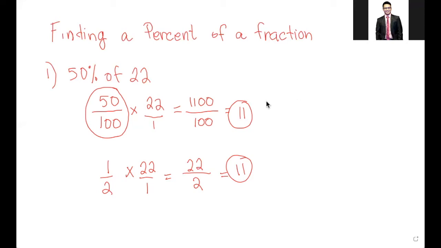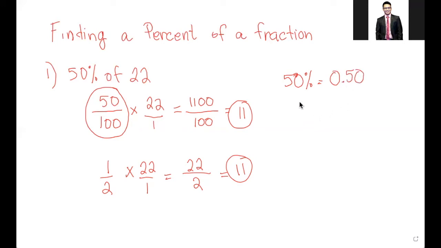Okay? Now, the other method is by multiplying the number by the decimal form of the percent. So in this case, 50% can be written as 50 hundredths, or 0.50, or 0.5.